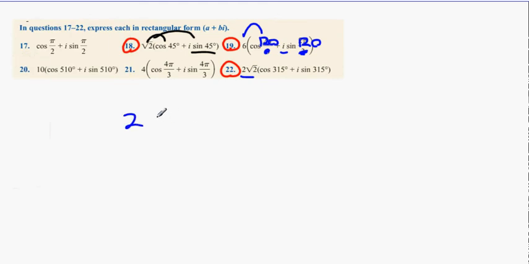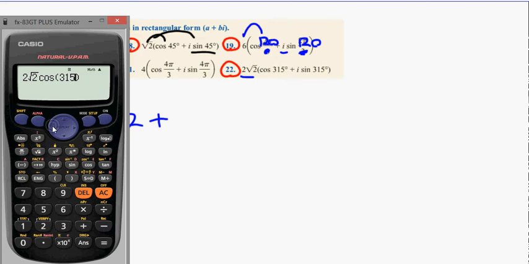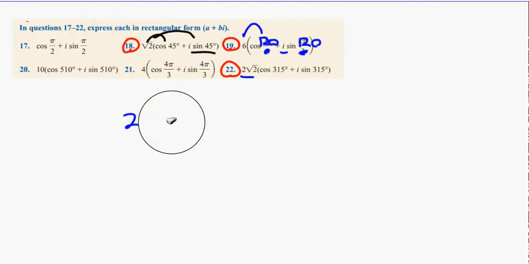And then the next one is going to be 2 root 2 sine 315. What we get here is minus 2. So 2 minus 2i, and that's the answer for number 22. Okay, so that's 18, 19 and 22 done.